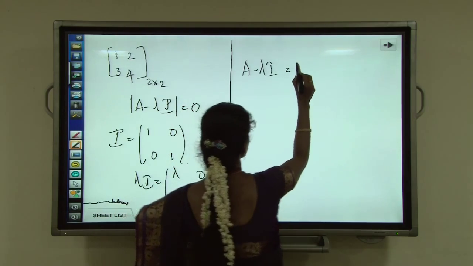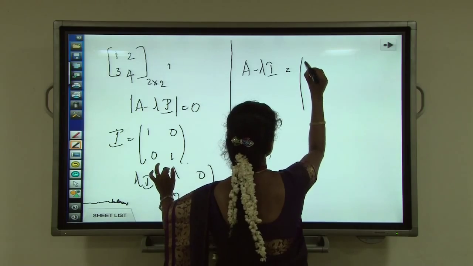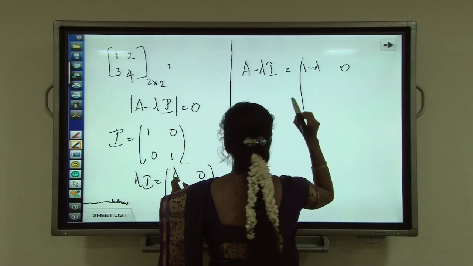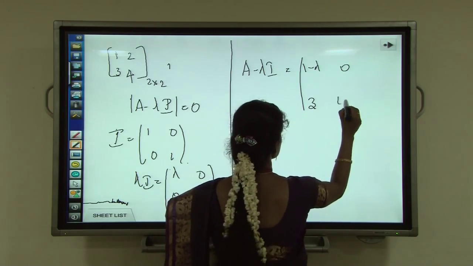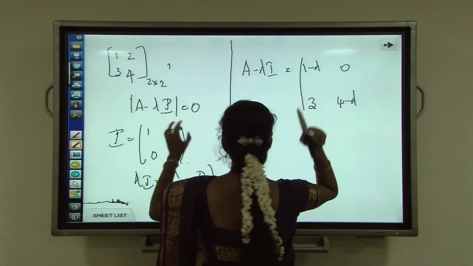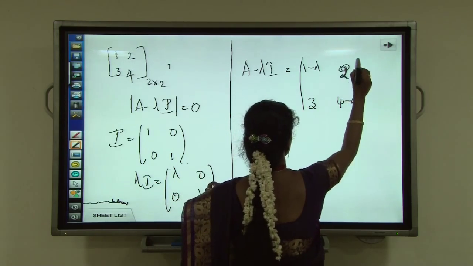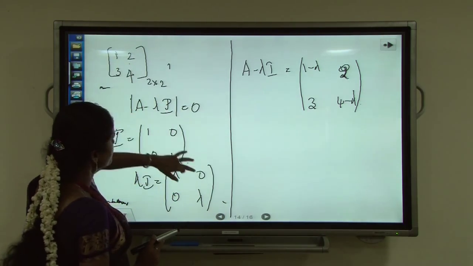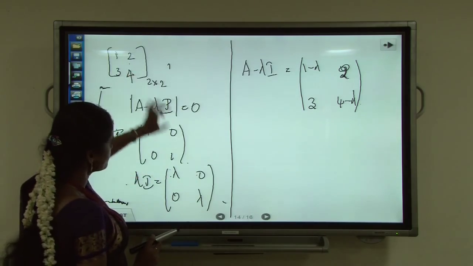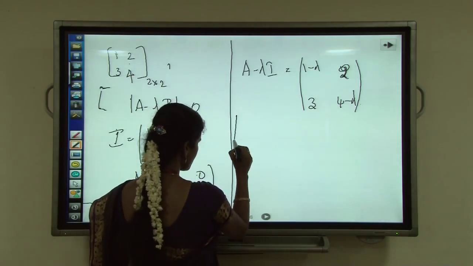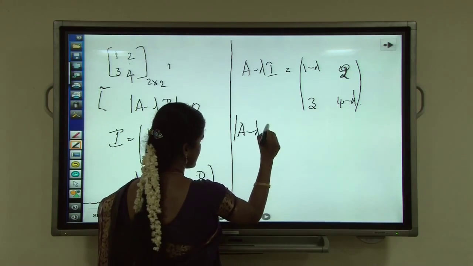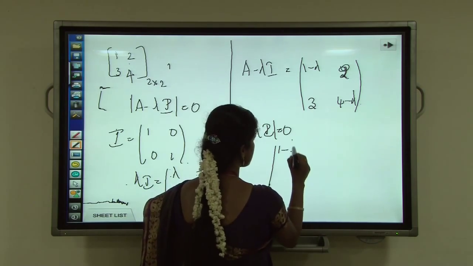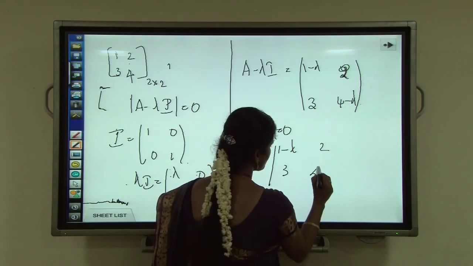So A minus lambda I is 1 minus lambda, 2 minus 0, 3 minus 0, 4 minus lambda. So finding the determinant of A minus lambda I is equal to 0, that is the determinant of 1 minus lambda, 2, 3, 4 minus lambda.